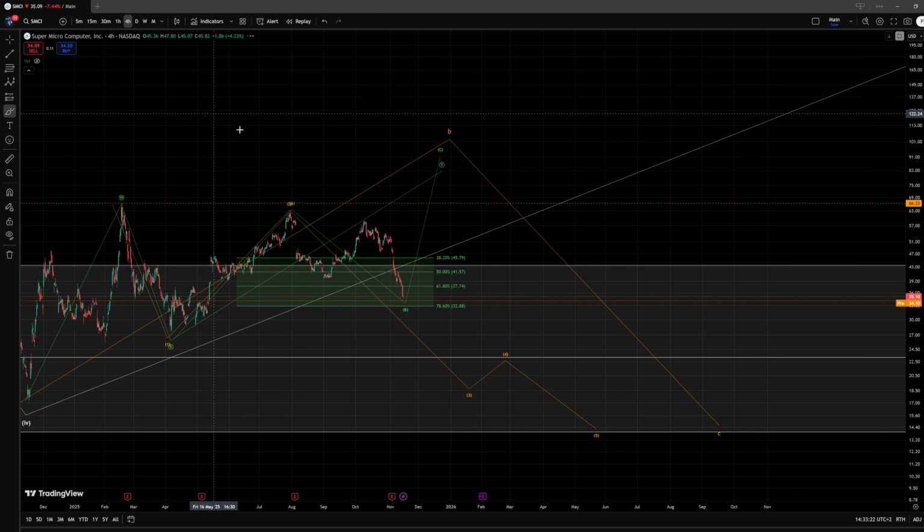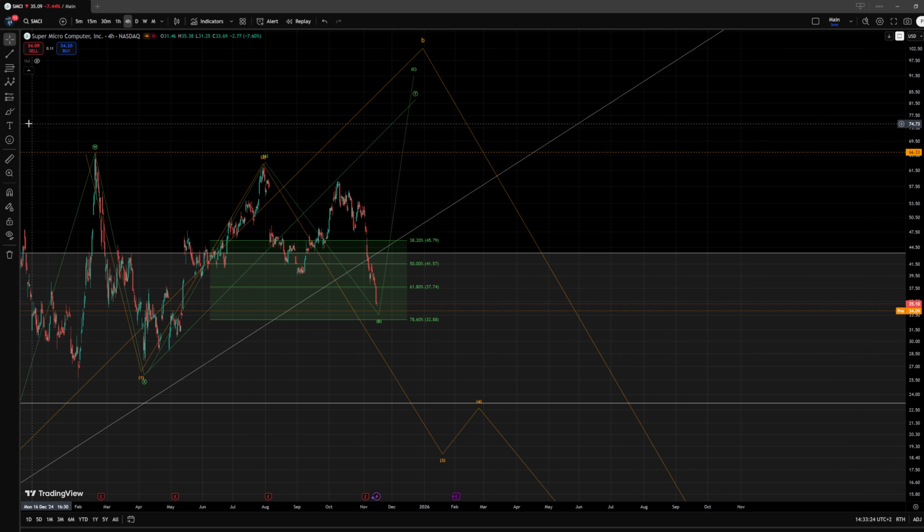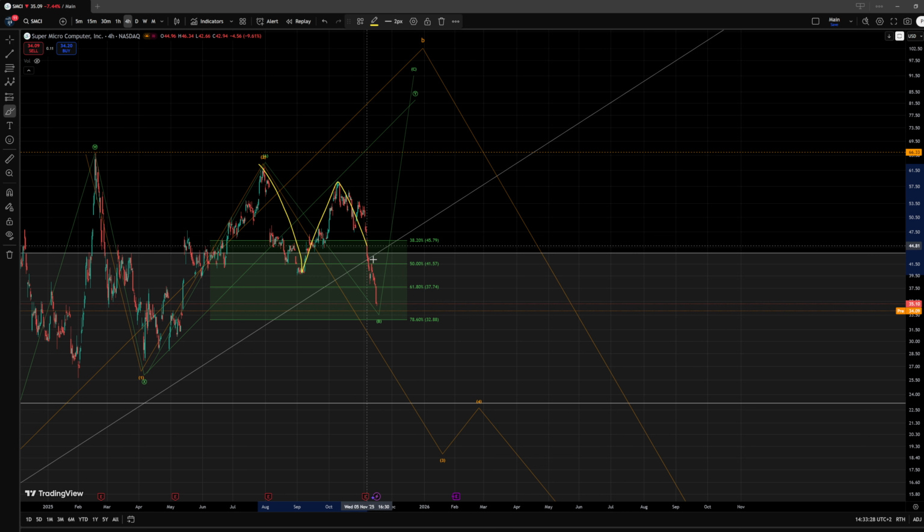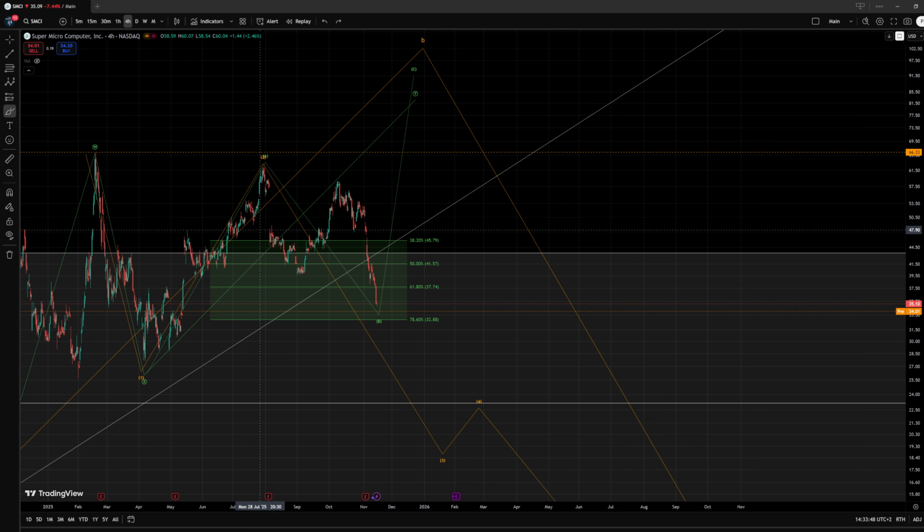Now, within this structure, we have so far completed an A wave down, a B wave up, and we are tracking the C wave to the downside. This most likely needs to form an ABC pattern, which means we probably need to see a 5-wave move to the downside within this movement, and in that case, we would realistically be tracking a zigzag correction.